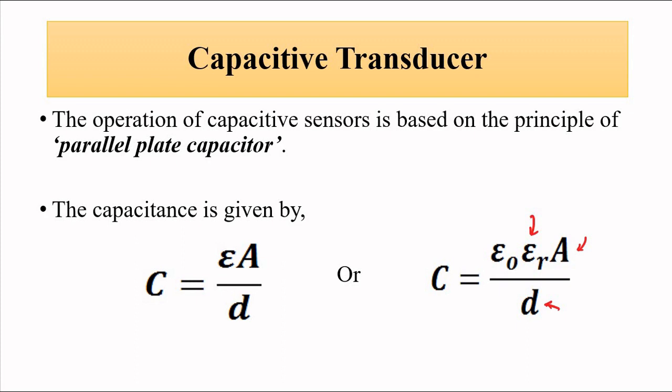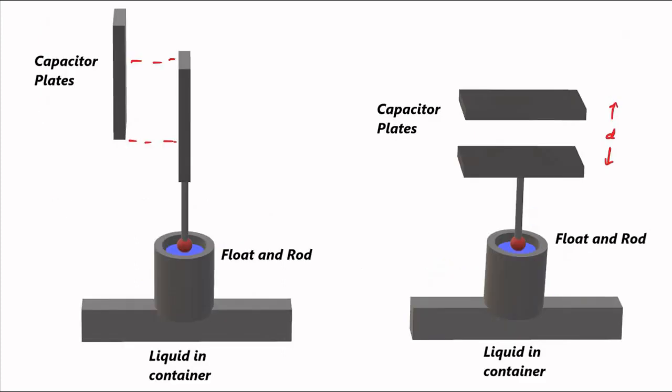Then the second mechanism is through separation distance change. Here again, the movable plate is connected to the float and rod arrangement. As the liquid level changes, this movable plate moves up and down. As a result, the separation gap between the plates either increases or decreases.